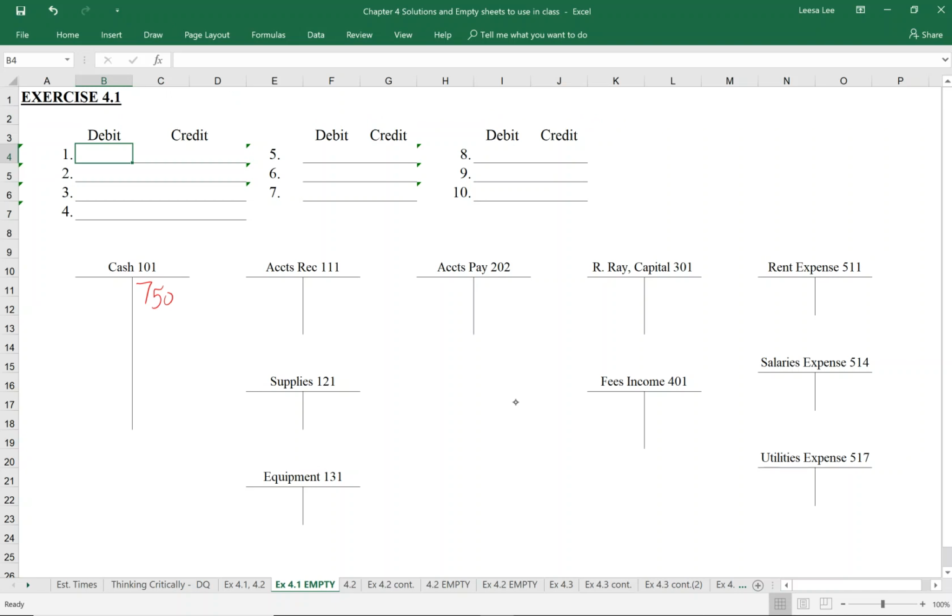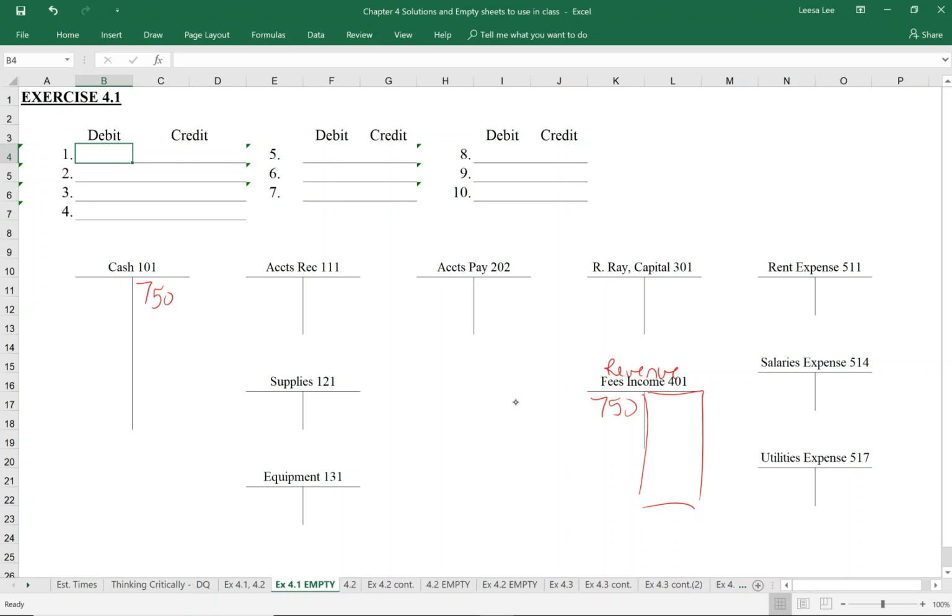fees income. Normally fees income is a revenue account, and normally all of the action is on the credit side. They started us off with a hard transaction because it's kind of an opposite transaction. We're fixing a problem that a customer had.